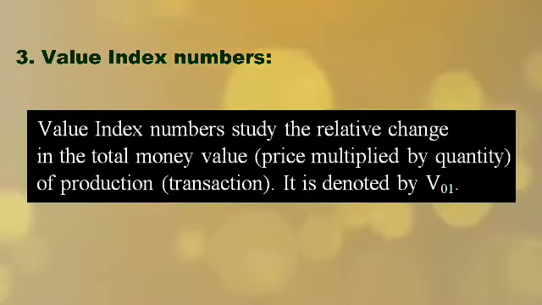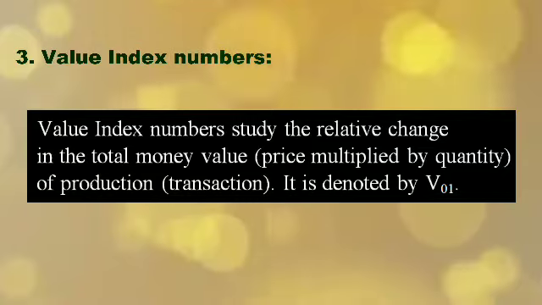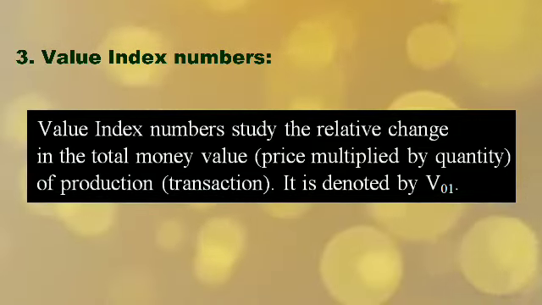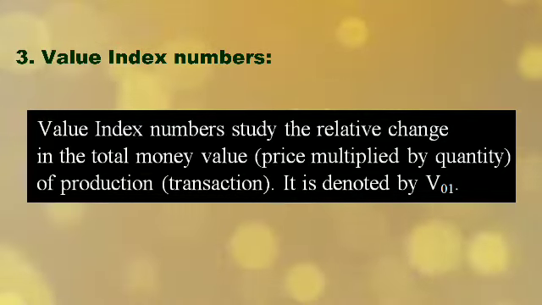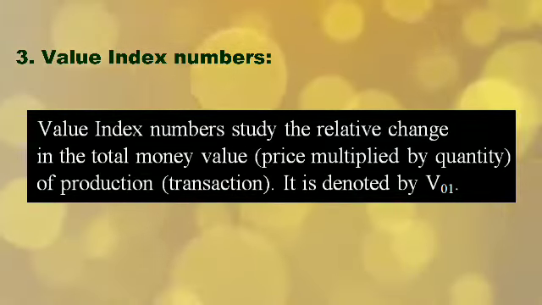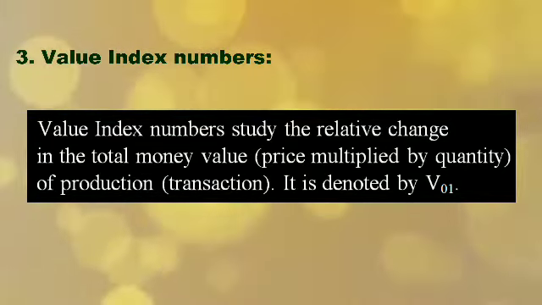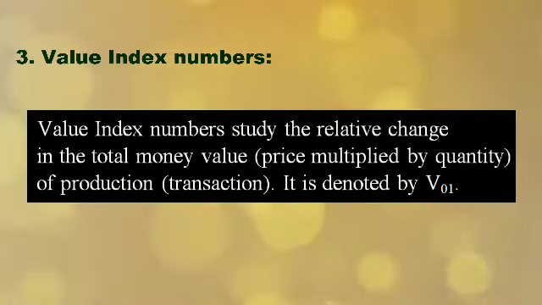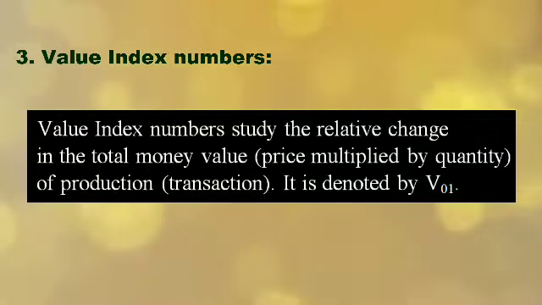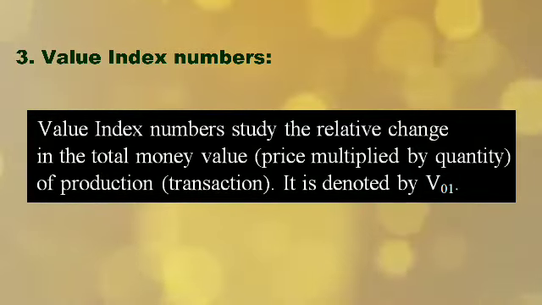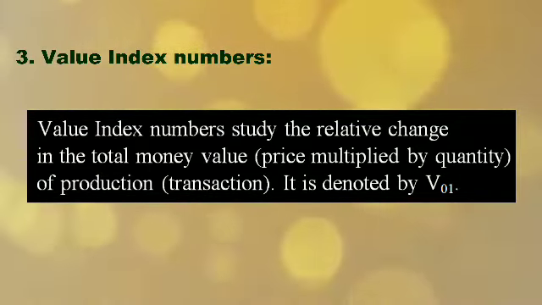For example, the value of rice in the year 2015 and the value of rice in the year 2020. What is the difference between these years? That comparison is made under value index number. Value index number is denoted as V01. V indicates value. The comparison is made between 0 and 1, between the base and the current year.